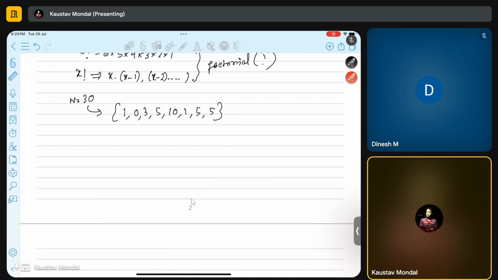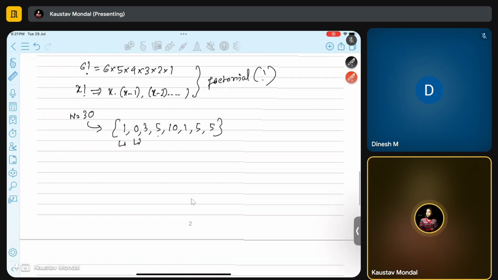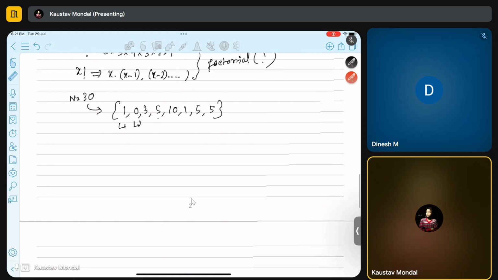These are the different boxes you put them in: in box 1 you put 1 ball, in box 2 you put 0 balls, in box 3 you put 3 balls, in box 4 you put 5 balls. Like this you have distributed the balls inside the boxes.